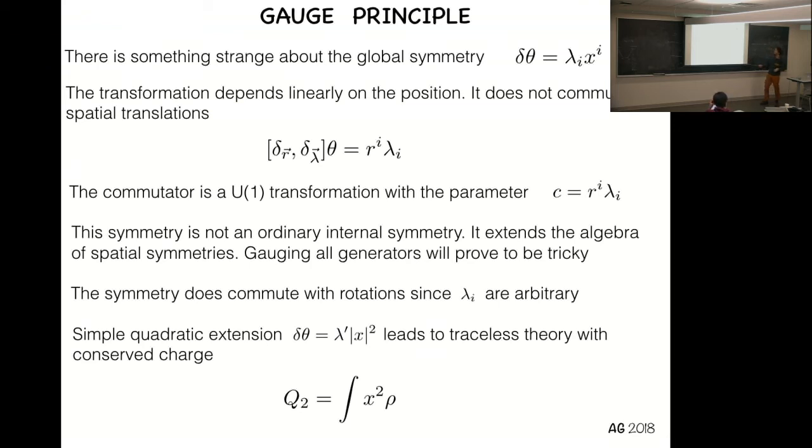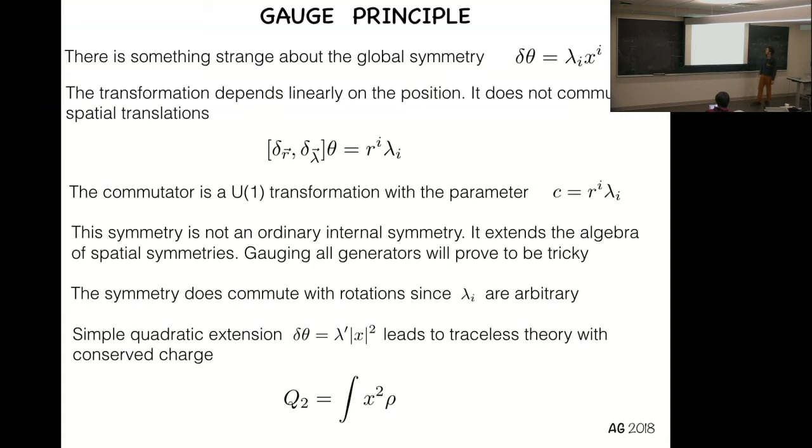This should be more or less obvious because if I translate this transformation, I end up with lambda scalar product with the vector by which I translate. So the commutator of translation and the shift by lambda is non-zero, it's a constant. So translation and this dipole transformation don't commute, up to an ordinary gauge transformation, just shifting theta by a constant.